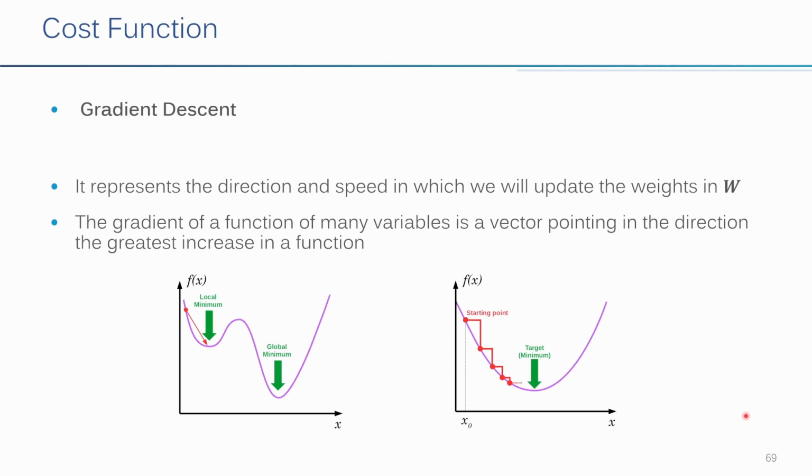Also, another concept with our cost function is gradient descent, which represents the direction and the speed in which we'll update the weights in our weight matrix. So the gradient of a function of many variables is a vector pointing in the direction of the greatest increase in that function.